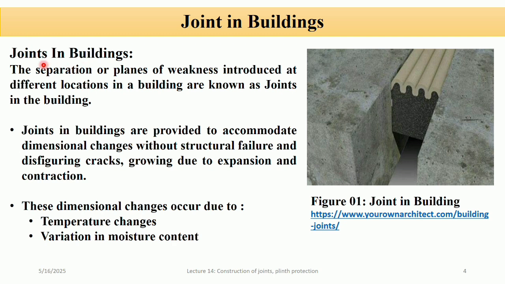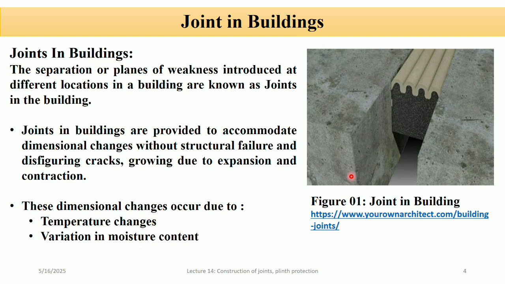So why are joints necessary in a building? Buildings, especially large ones, are subjected to expansion and contraction due to temperature changes. As temperature rises, building materials expand, and as it falls, they contract. This can cause stress in the structure, and there is also the variation in moisture content.